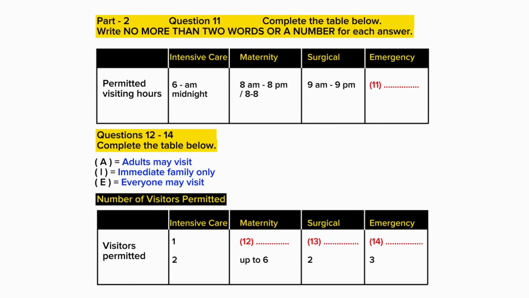There are a lot of procedures which must be carried out on surgical patients, and we only let 2 visitors come in at a time. And in emergency, people are allowed to visit all the time? Oh yes, we rely on patients' relatives to be there for them, and we permit everyone to visit the emergency department at all hours. However, we restrict it to 3 visitors for each patient. Otherwise, the room just gets totally crowded.